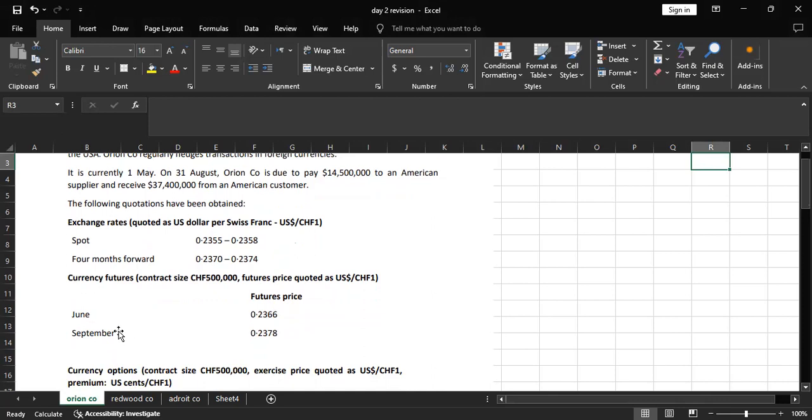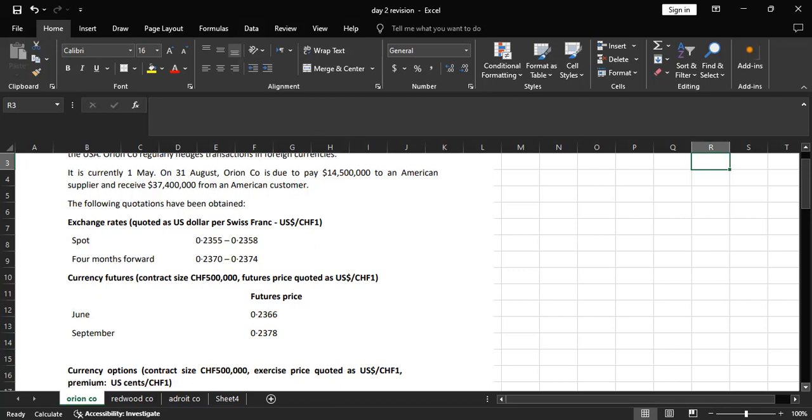The rule is you should select that future contract which is immediately expiring after the transaction date. In this question, what is the transaction date? 31st August. So after August, which is immediately expiring, June or September, guys? It will be September. So you will select the September future.